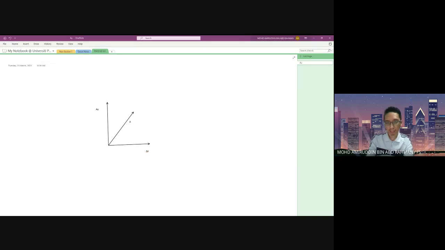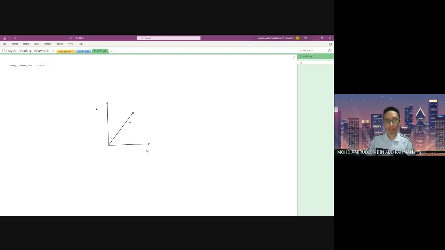So BY is 1.9 sine minus 60. But remember, this is important: when there is a vector, you need to know the direction of that component.